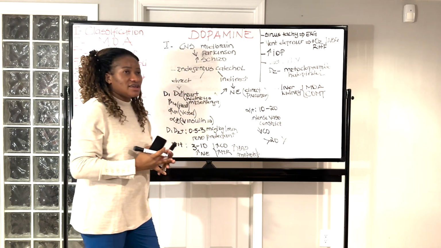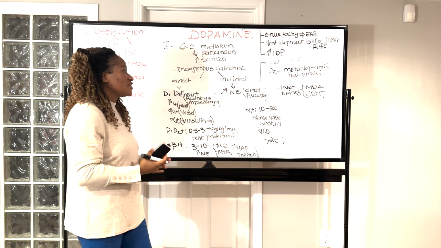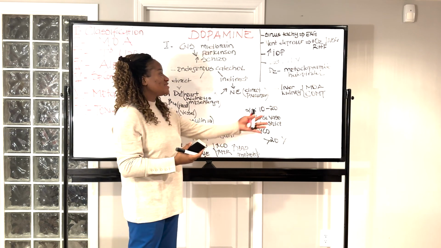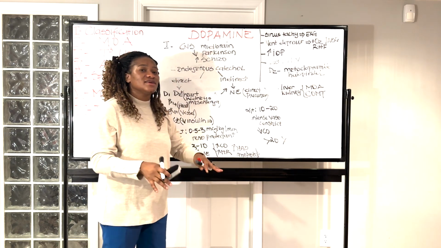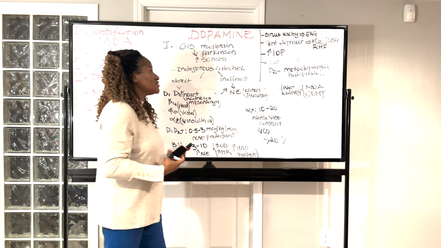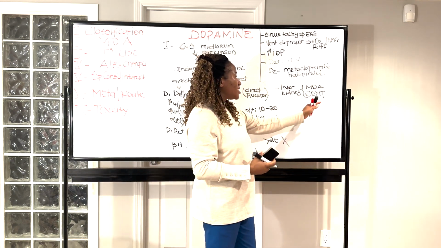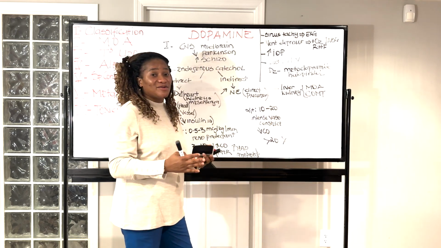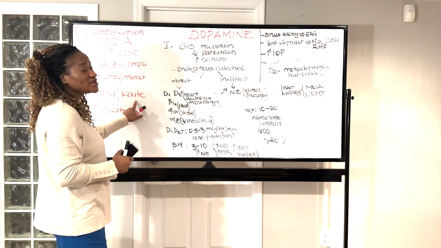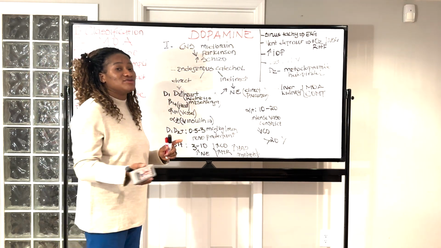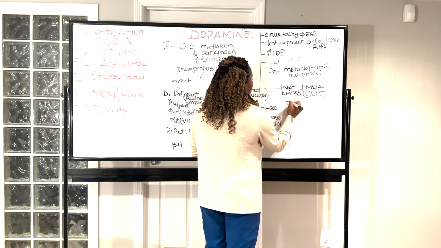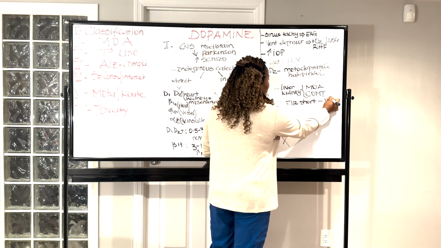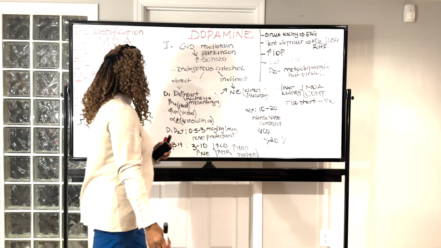So if your patient has liver failure or a kidney failure, you want to adjust the dose because you know that your dopamine is gonna go through this pathway to be eliminated out of the body. Now, because it's metabolized by these two enzymes, the duration of action is very short, and this is the reason why we give dopamine as an IV infusion. So its half-life is short, so you want to give it as an IV continuous infusion.